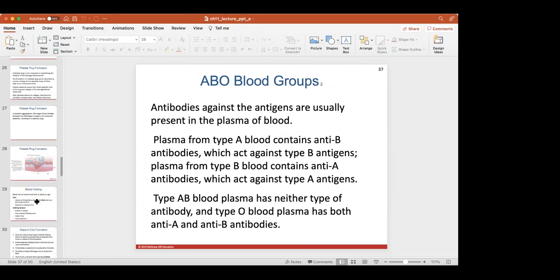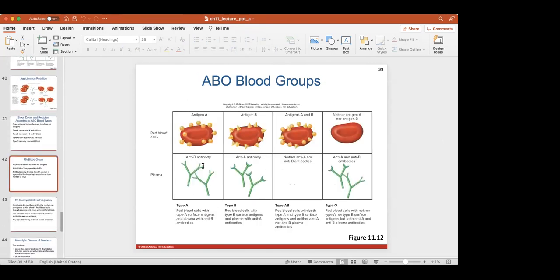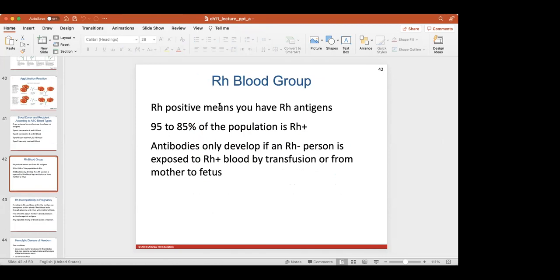Because with the Rh factor, if you're positive, it means you have that antigen, but you can only form antibodies against that Rh positive antigen, or antibodies will only develop if an Rh negative person is exposed to Rh positive blood. To the blood and can cause some incompatibility in pregnancy.